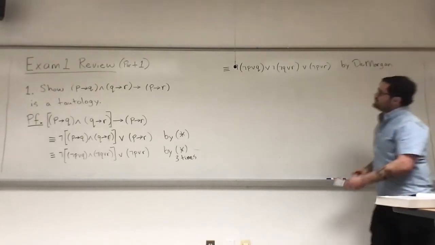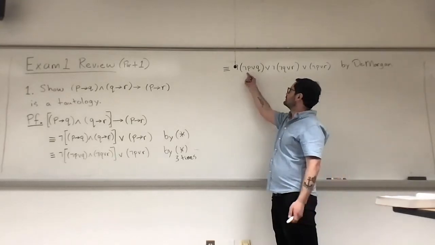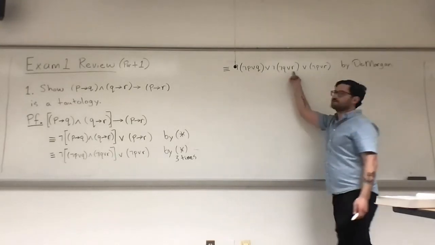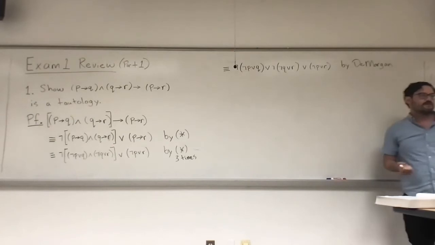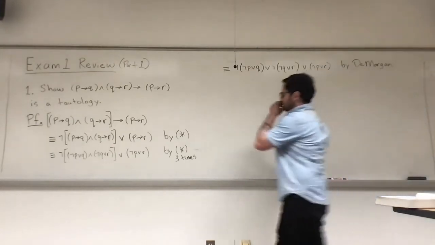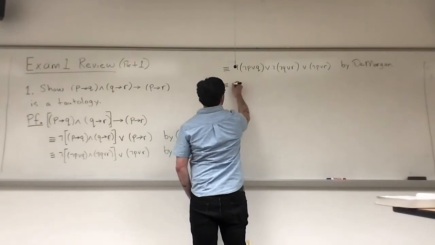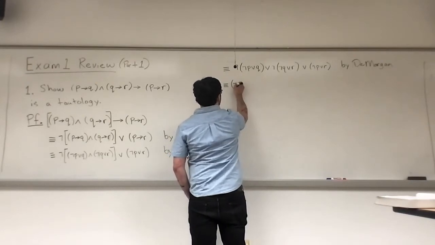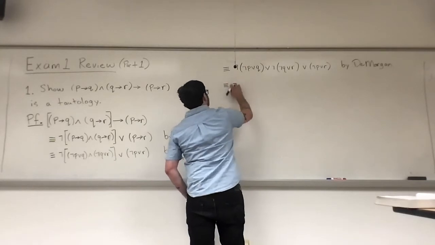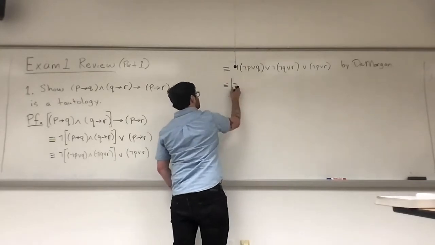So then I see the negation of something or something, negation of something or something. I can apply De Morgan's law again. So then we have not, I'm going to use brackets now. You'll see why in a second.